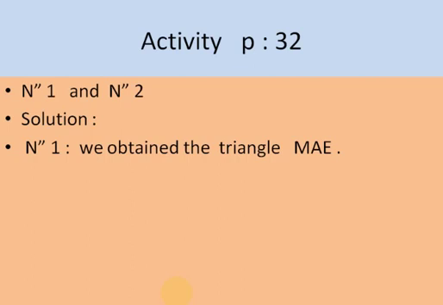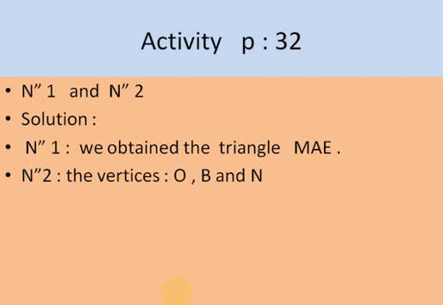Now what about number 2? Observe, it means look. Observe the adjacent triangle BON. What about the vertices? The vertices of OBN are O, B and N. What about the sides?